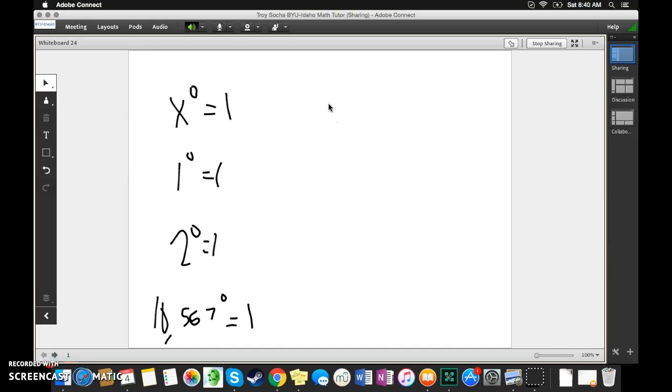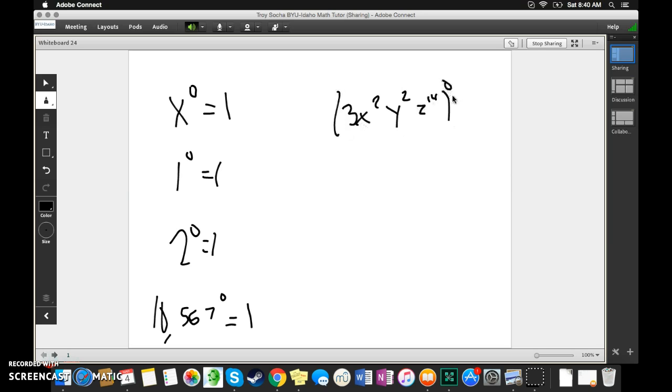If you have, say, 3x squared y squared z to the 14, and you take that all to the 0, it will equal 1.